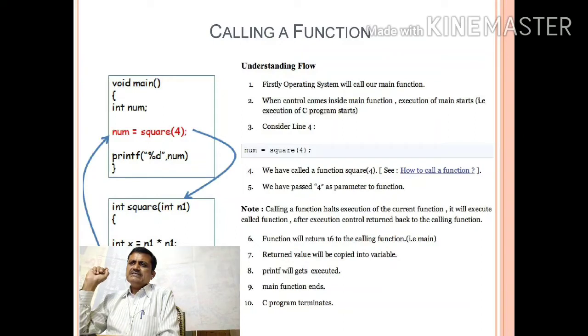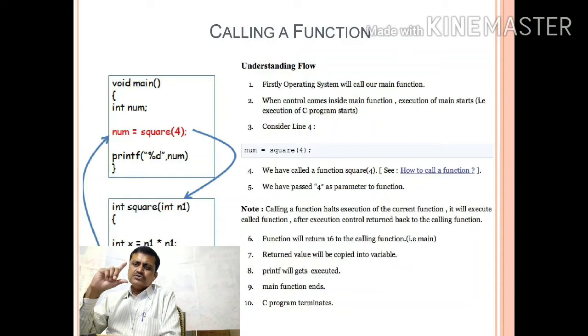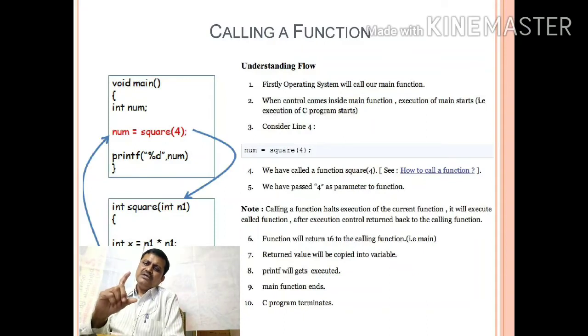Now int x is equal to n1 into n1, return x, right? Now what is this x? X is nothing but a local variable. Local variables are variables which are limited to that function only, meaning the scope of that local variable is up to that function. Outside that function, the local variable has no value, nothing, right?